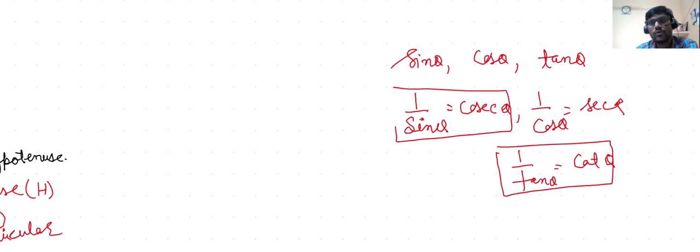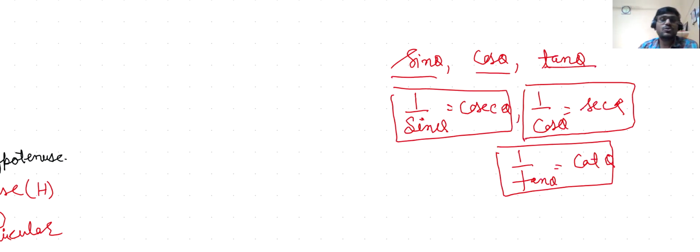So firstly, we are not only going to discuss sine theta, cos theta, and tan theta. Let me start by discussing it with a right angle triangle. Here I have already drawn a right angle triangle.